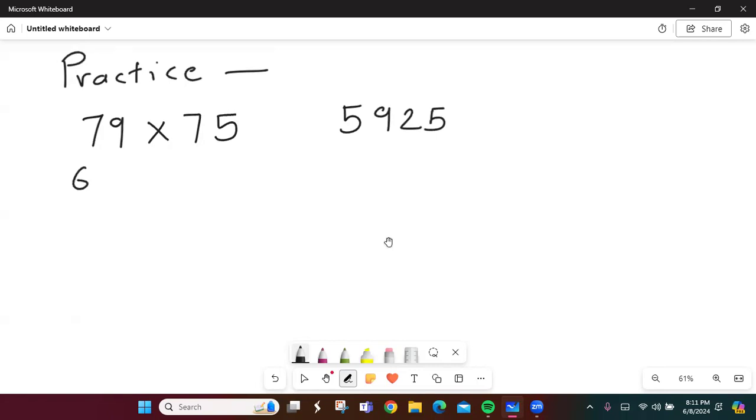Then 620 multiplied by 631. And that should give you 391,220.